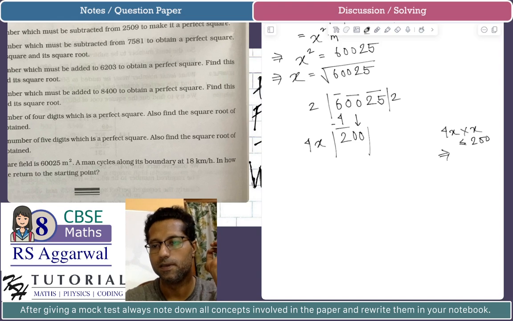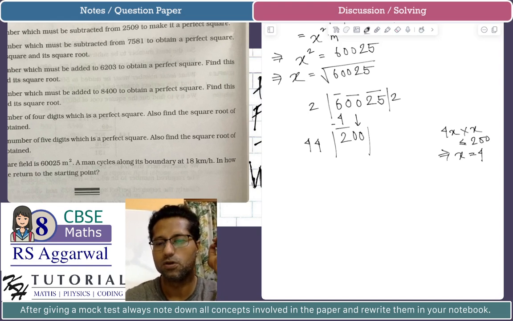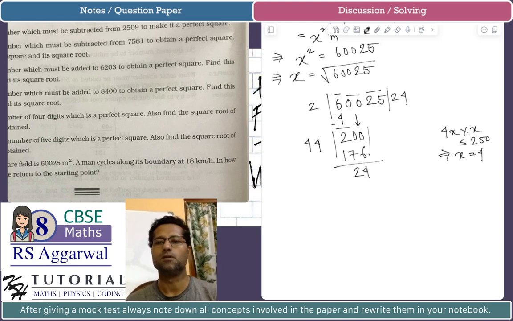So x can only be 4. So x is 4, and this 4 will also get appended to the quotient 24, and 44 into 4 is 176. The remainder is 24.